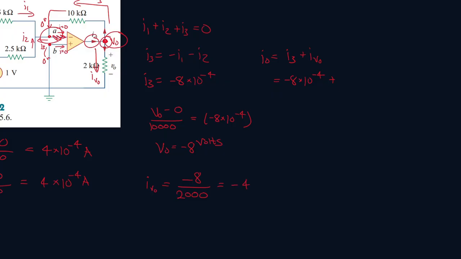So that's minus 4 times 10 to the minus 3. So this will be minus 4 times 10 to the minus 3. This is what's going to be your IO value, and that's minus 4.8 times 10 to the minus 3 amps, or just minus 4.8 milliamps.